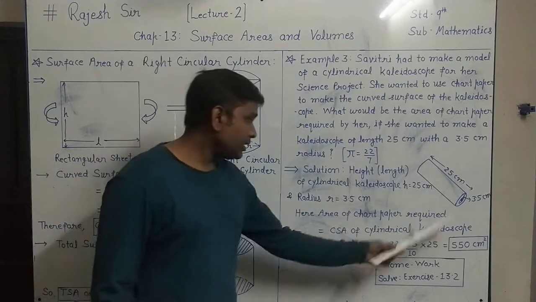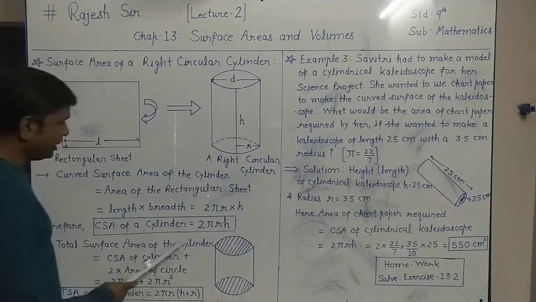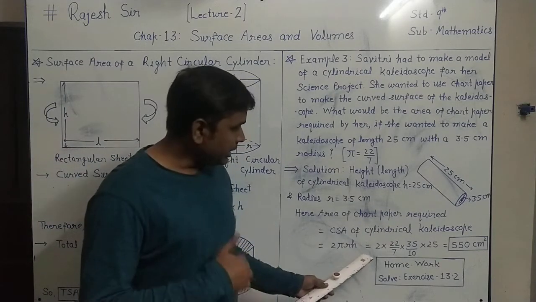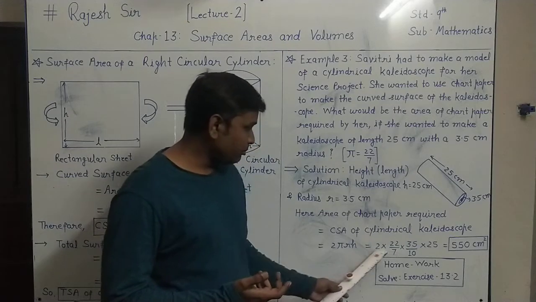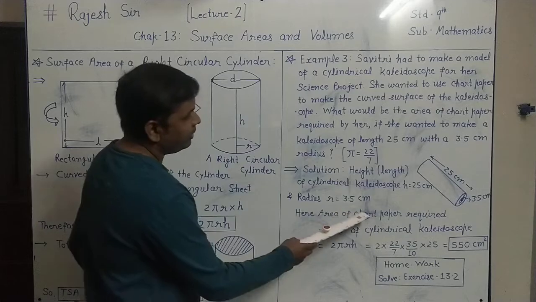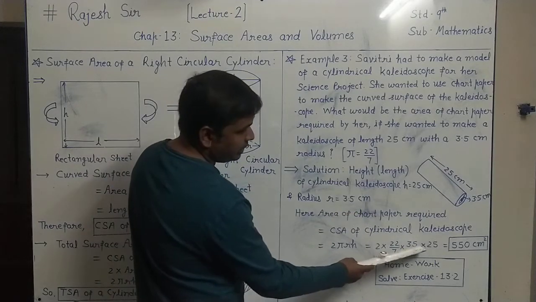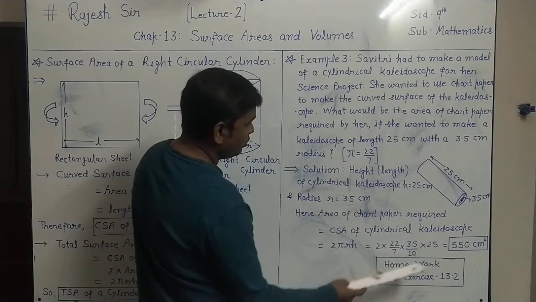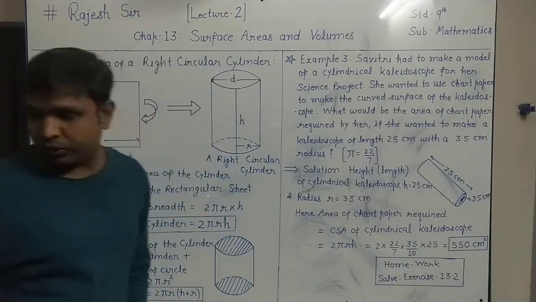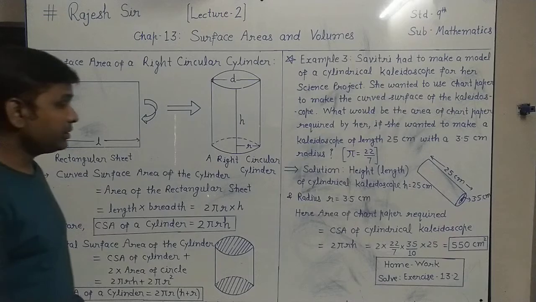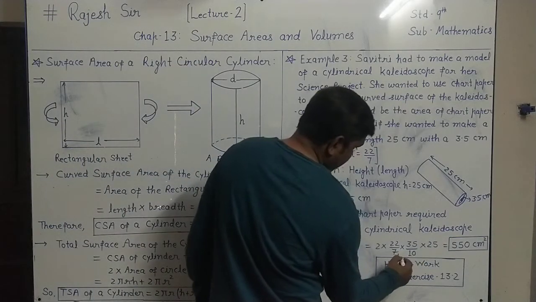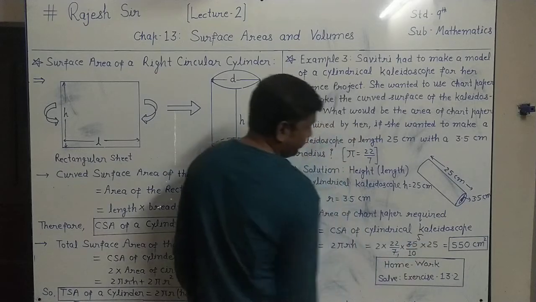And CSA of cylinder is 2 pi r h. This formula we will place here. We place all the values: 2 is 2, pi is 22 upon 7, into r is 3.5, which can be written as 35 upon 10, into h is 25. Now some cancellations we have to show here. 7 ones are 7, 7 fives are 35.